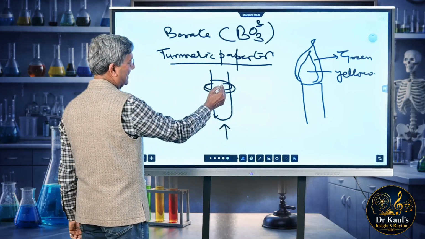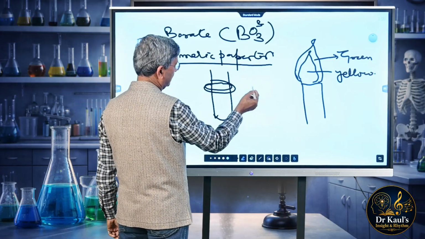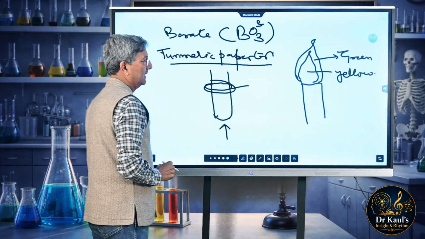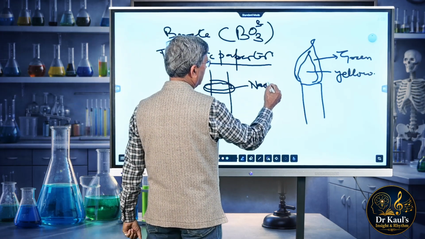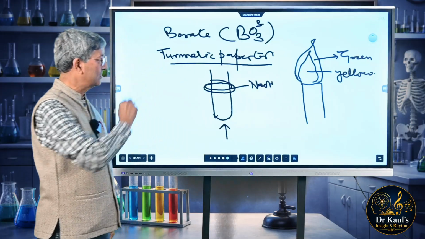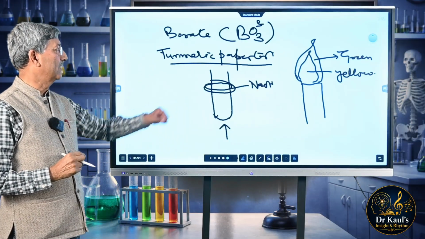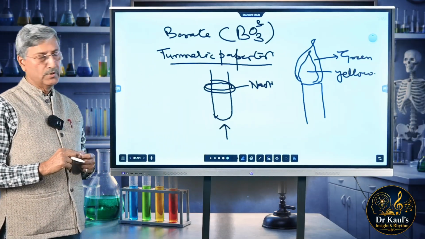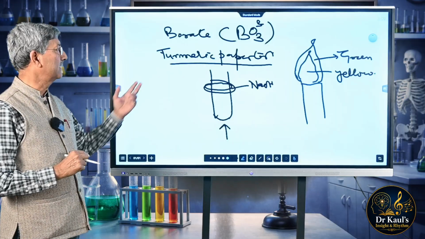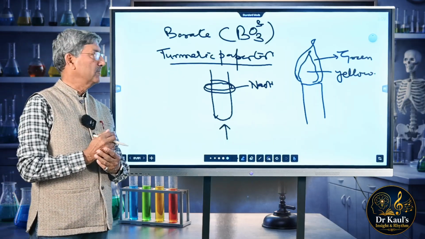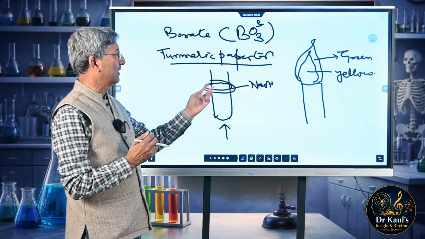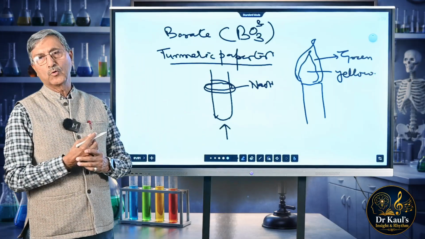The paper dries up, and then the dried paper is touched with a drop of sodium hydroxide. The spot where we touch the turmeric paper with sodium hydroxide turns bluish or greenish black, indicating the presence of borate.